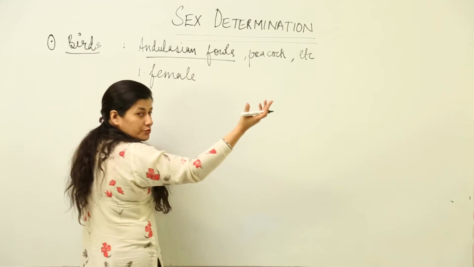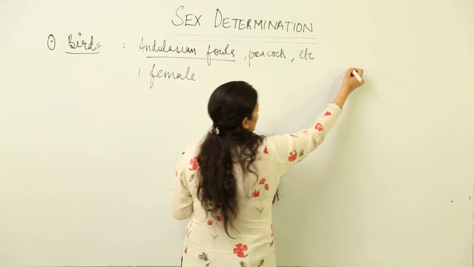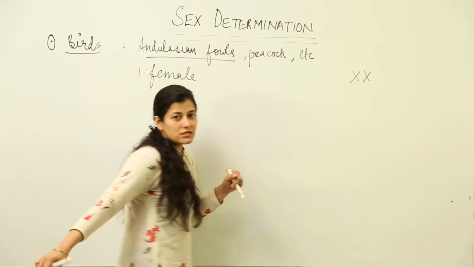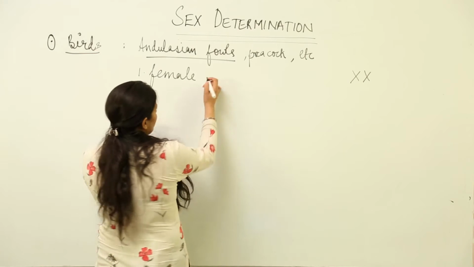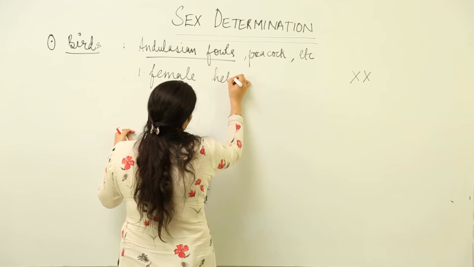So, first thing is that the female is heterogametic. How is it contrary to human beings? In human beings, the female is XX, right? The female happens to be homogametic. Over here, the female will be heterogametic.